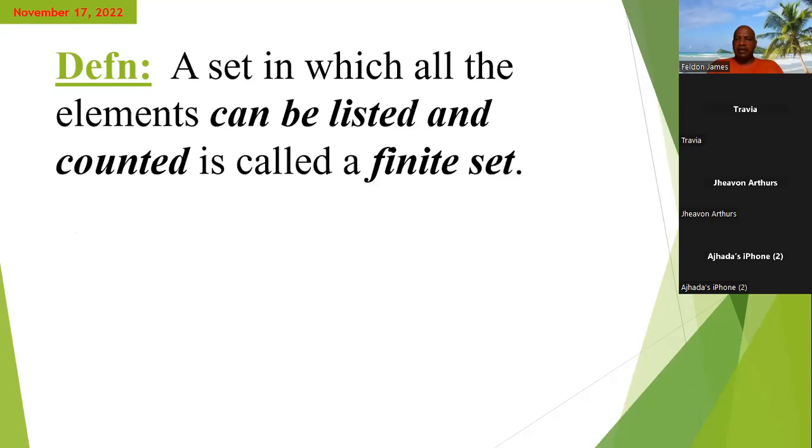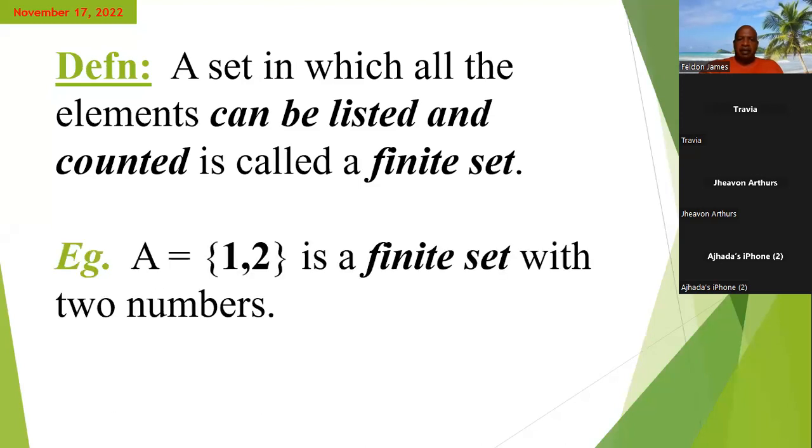You come to a definite end with the members. So that's what we mean by finite. Now, for example, we have these 2 members in this set. This is a finite set because we can list them and we can count them.